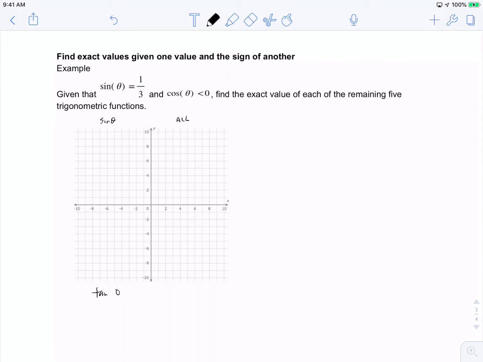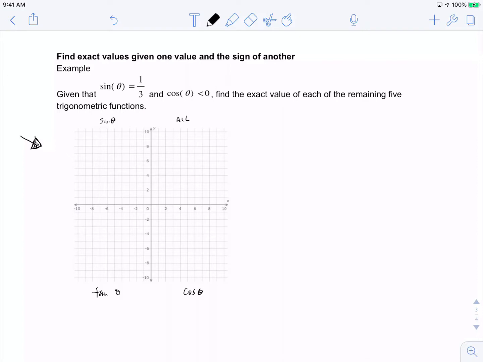Tangent and its reciprocal, and then cosine and its reciprocal. That's where they're positive. So we can see that sine is positive in the first and third quadrant, but cosine's negative. So since cosine's negative, that tells us that we have to be in the second quadrant.